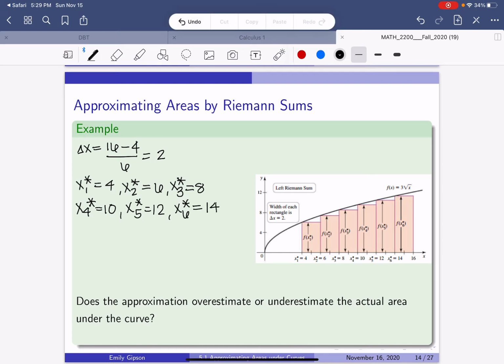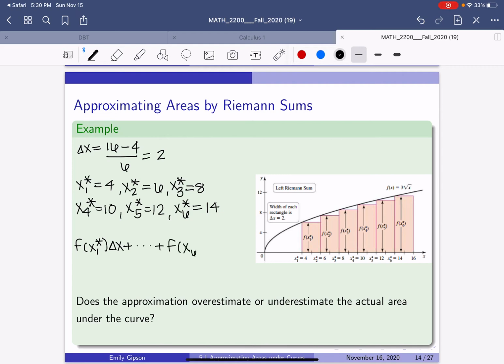Just like I have here on my graph, I'm using the leftmost endpoints. And now all I do is I go f of x1 star times delta x plus dot dot dot all the way up to f of x6 star times delta x.